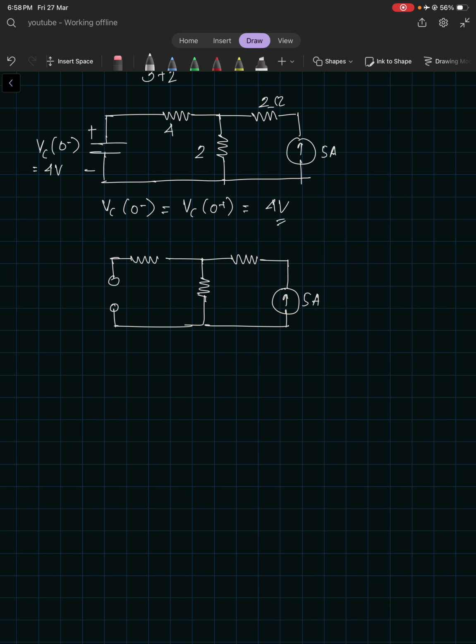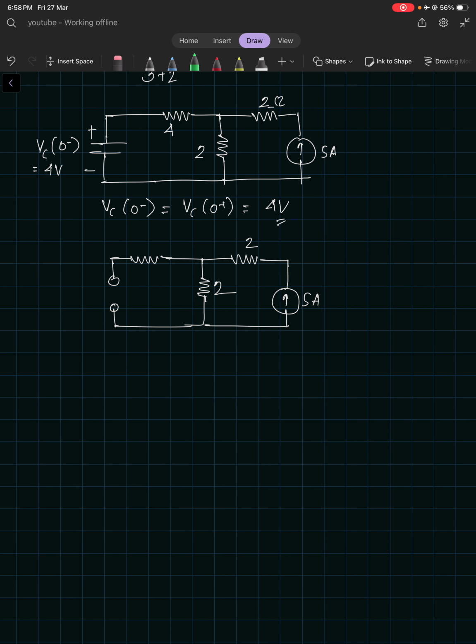This is 5 ampere, this is 2, this is 2. So no current will flow through this branch, so there is no meaning of this resistor, at least for calculating the steady state value of VC. All the current is passing this way, right?